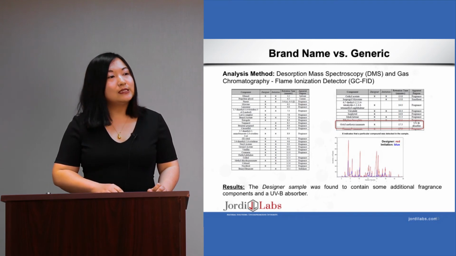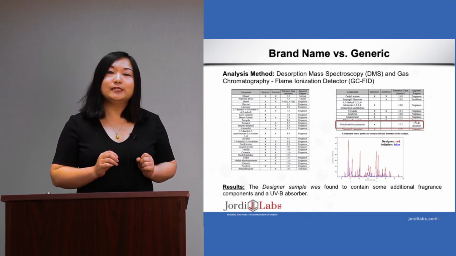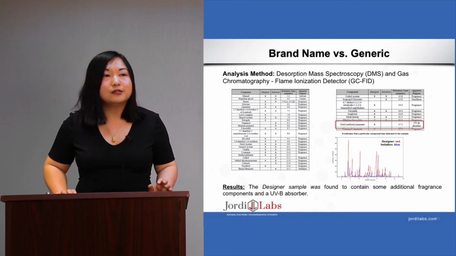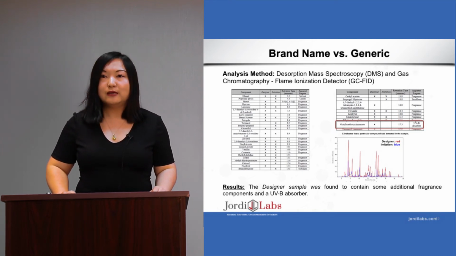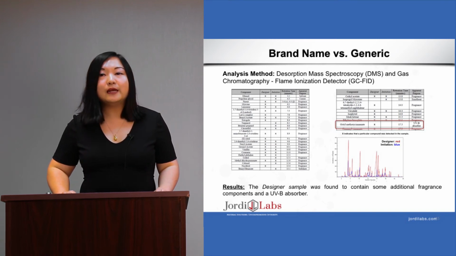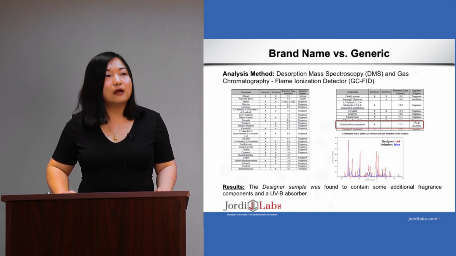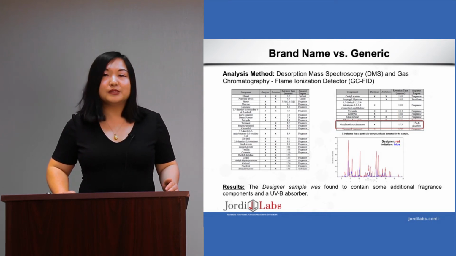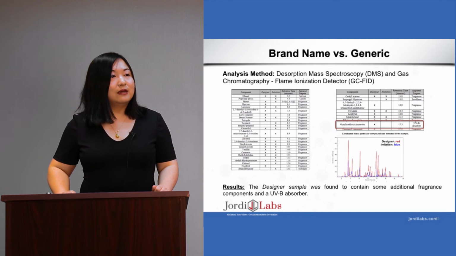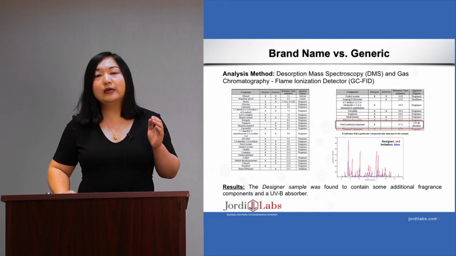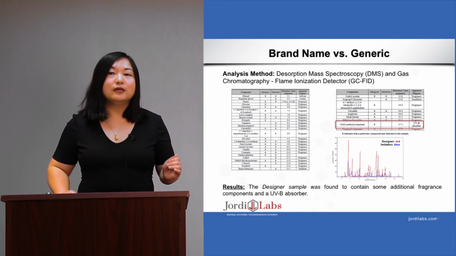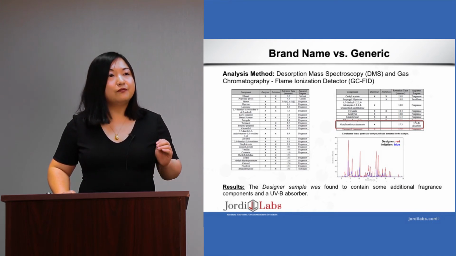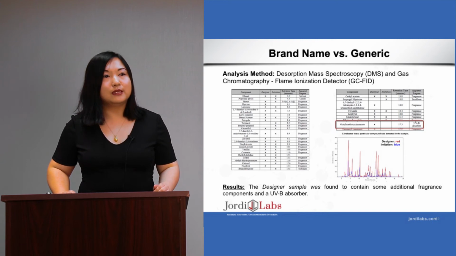After this, we did a DMC GC-FID, which can give you detailed information on the chemical constituents of volatile compounds of these two products. We compared the chemical profiles of these two products, and we found the following observations. The first, compared to the imitation, the brand name fragrance has more expensive fragrance components in their product.